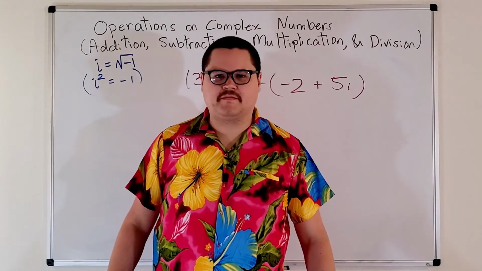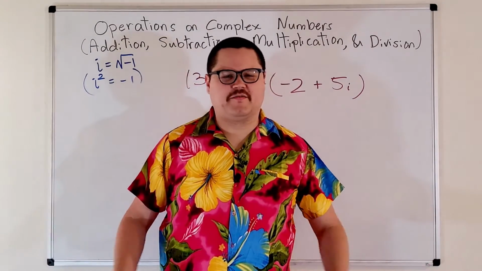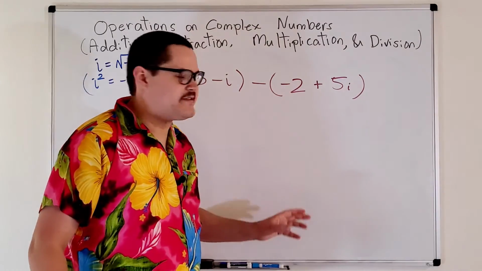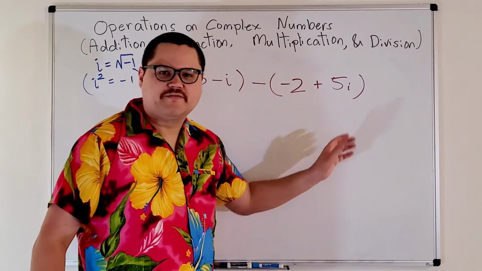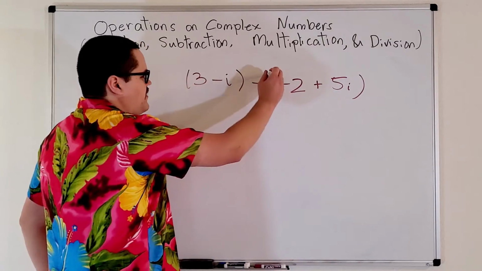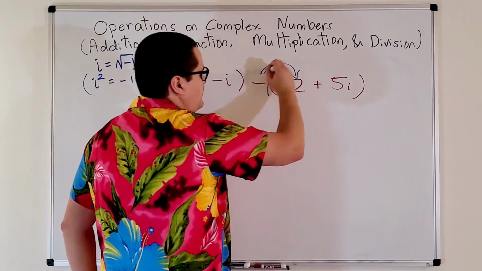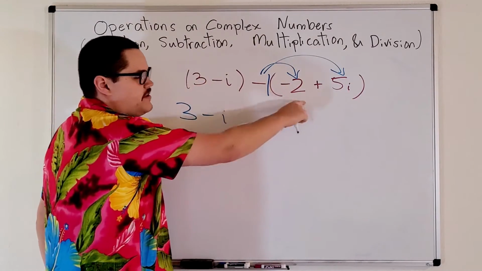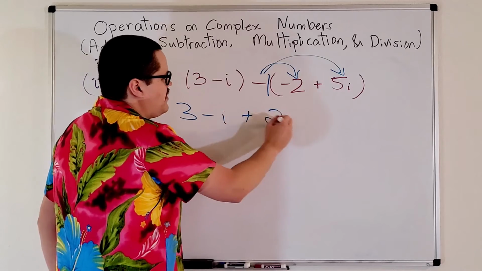Makes sense? All right, let's do another one just for practice. 3 minus i minus the quantity negative 2 plus 5i. Well, we make this a negative 1 and we distribute. So we get 3 minus i. Negative 1 times negative 2 is positive 2.